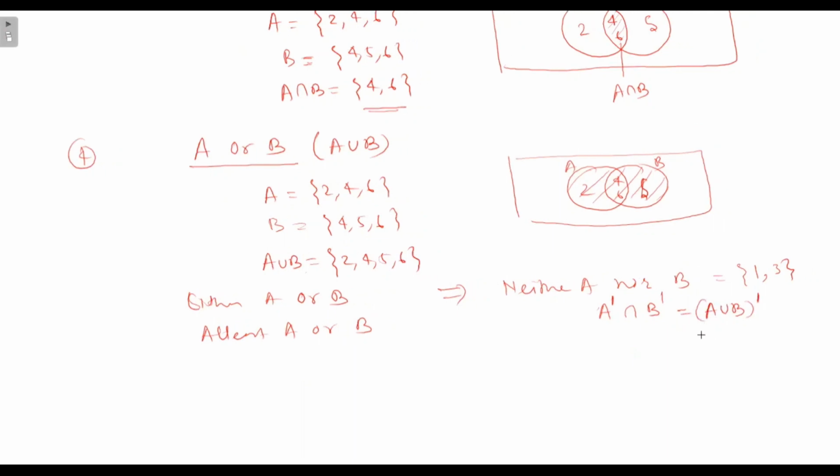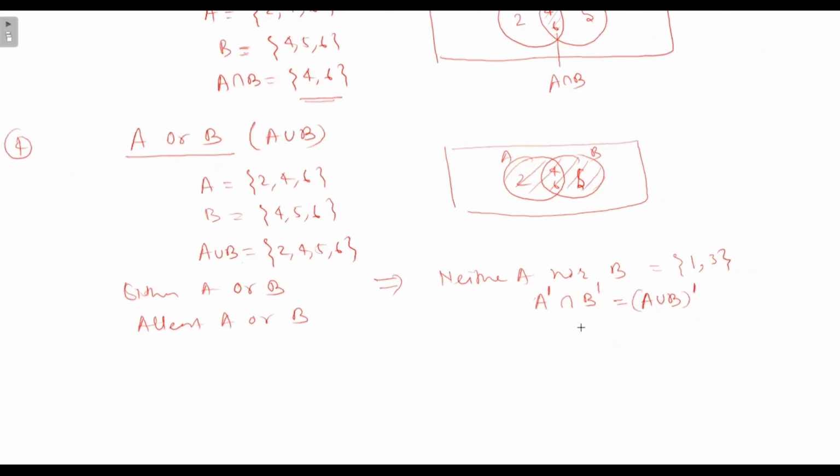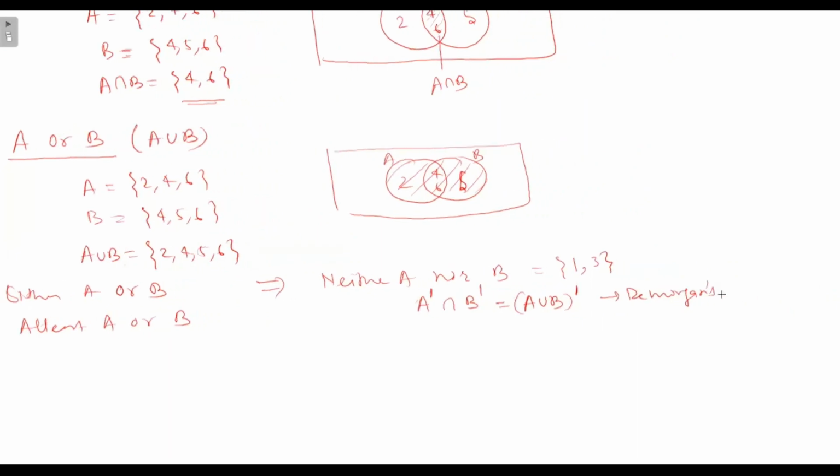So these are very important results. So we will look at them again. So this is what we call as the De Morgan's law. So De Morgan's law says what? There are two things only De Morgan said when you learnt about set theory. He said two things. One is this, what I just mentioned, that A union B complement is actually equal to A complement intersection B complement, or A intersection B complement is actually equal to A complement union B complement.